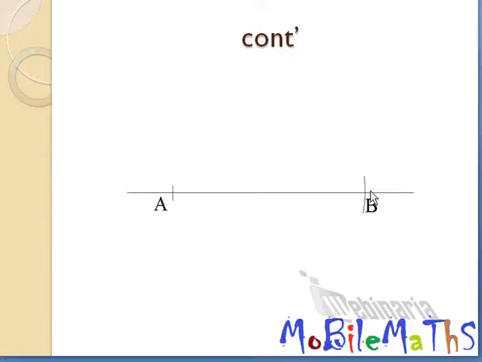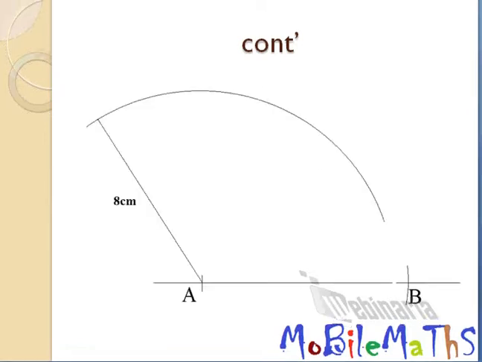Now that I have drawn my AB, which is my baseline, I can now draw my C, which I said AC is 8 centimeters. So I open again my compass to measure 8 centimeters on the ruler. My arc on this upper side here, this is how I have drawn it.